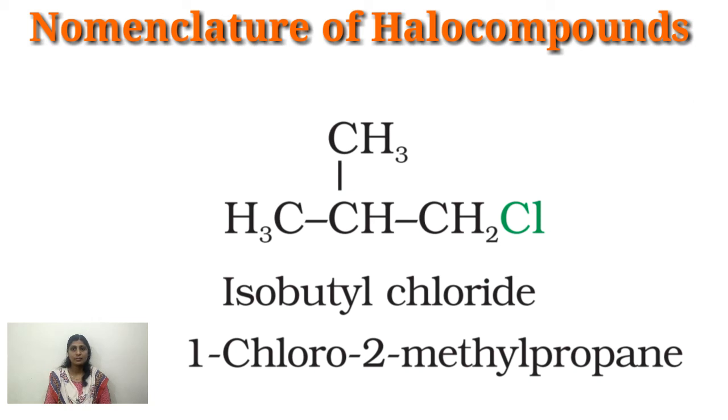So starting from the right side, 1 for the alpha carbon atom, 2 for the carbon atom which has the branching, and 3 for the last carbon atom. So you have 1-chloro and 2-methyl group. Chloro comes first in alphabetical order, so we write 1-chloro-2-methylpropane and not 2-methyl-1-chloropropane, because C comes first before M. So the compound is 1-chloro-2-methylpropane.